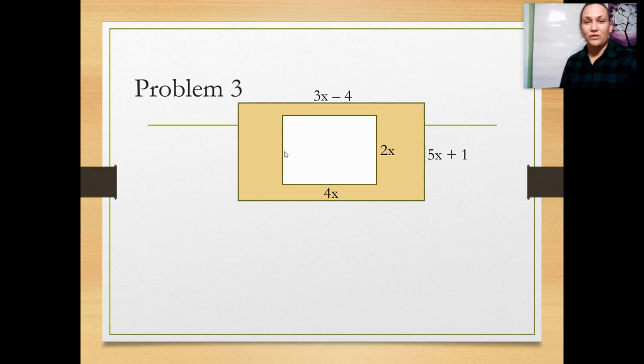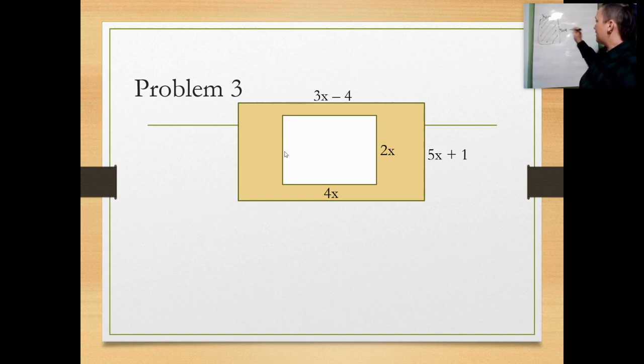So here's what we're going to do on this problem. We have our large rectangle, which is the 3x minus 4 and the 5x plus 1. And so we can find the area of the entire big rectangle.